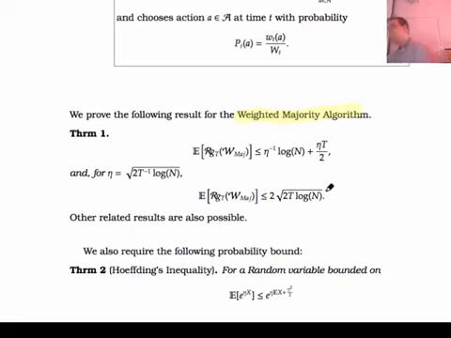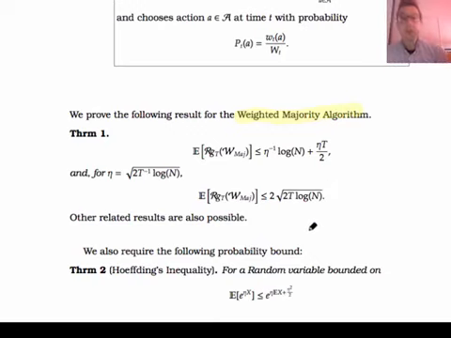Logs are about as slow as you can go to infinity. Remember that the sum of 1 over n goes up like log, so you can think of adding a smaller amount each time, but it still goes up to infinity. So your dependence on the number of arms is really good. In fact, you can even show that's optimal as well, I think, in this case. So it's a pretty good algorithm for this type of problem.